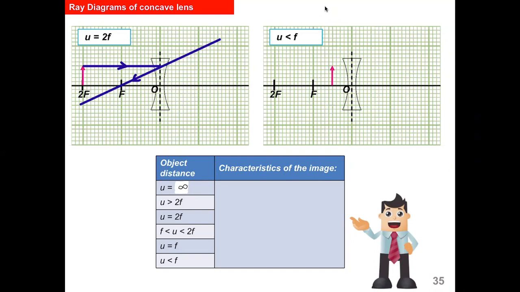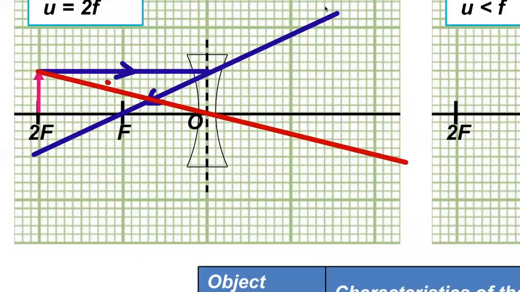Now let's complete the ray diagram with the second part. From the top of the object straight to the optical center, and then as you can see, there is an intersection between the two lines.